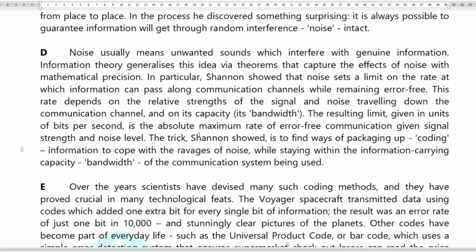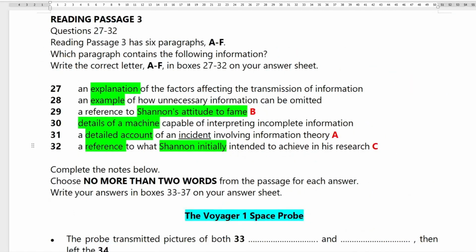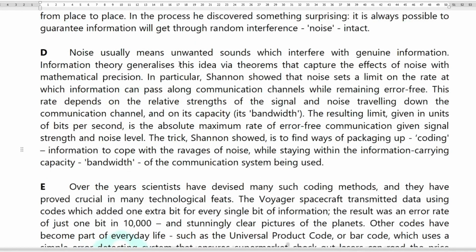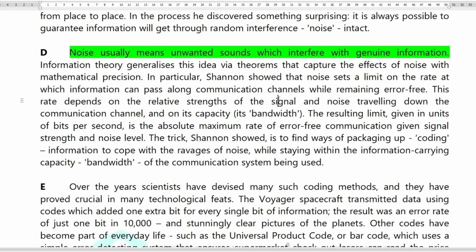This is another pretty nice paragraph they're demonstrating here. So what do I think here? An explanation of the factors affecting transmission of information. This is a really nice word here. Because noise usually means unwanted sounds which interfere with genuine information. There we go, we have something like that.